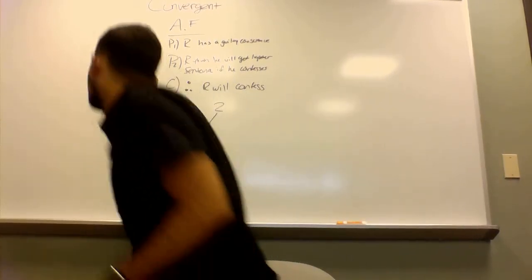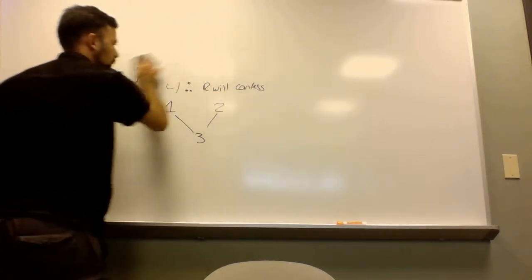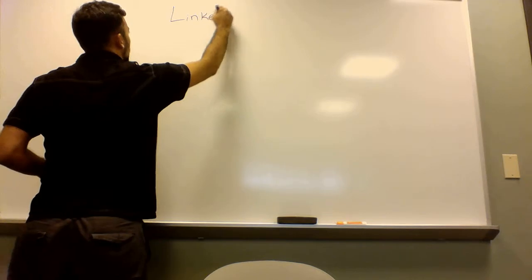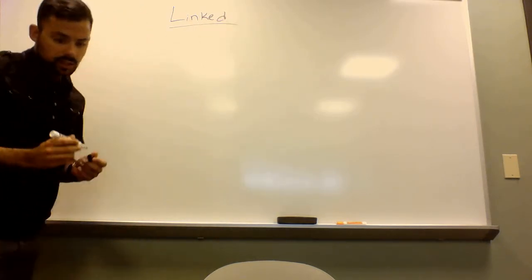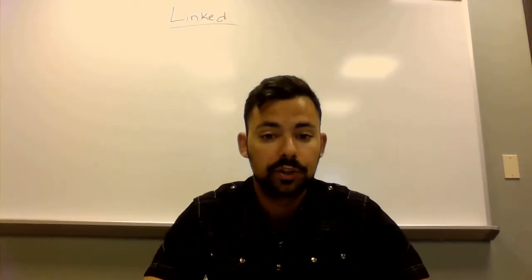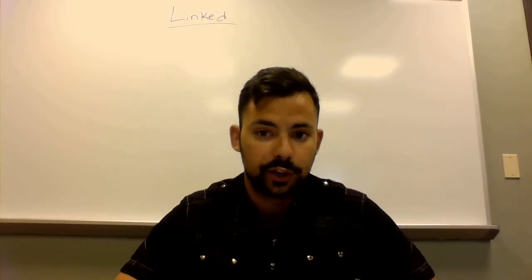Go ahead and erase this. Okay, so in linked arguments, premises work together to support a conclusion, but they support it together. So how does this differ from a convergent argument?